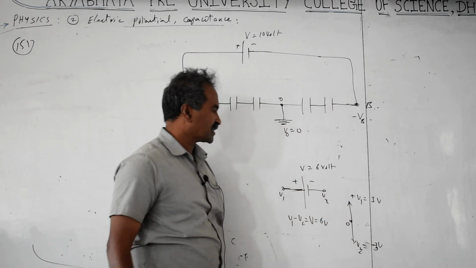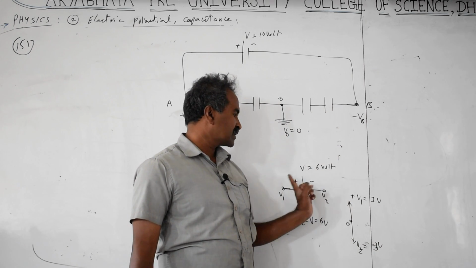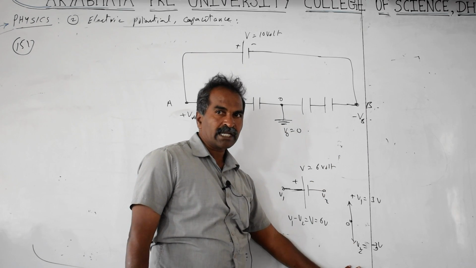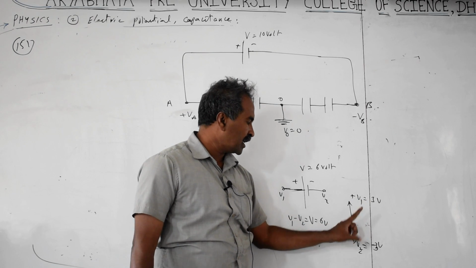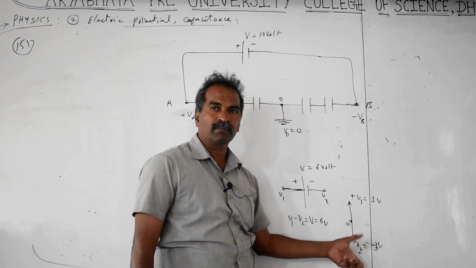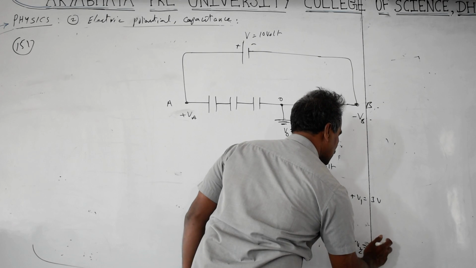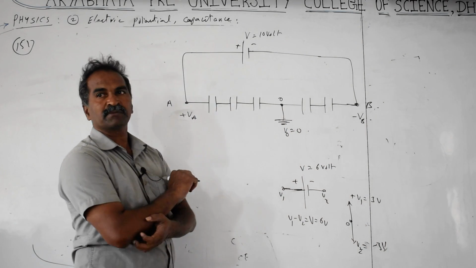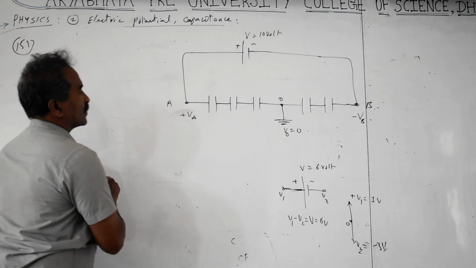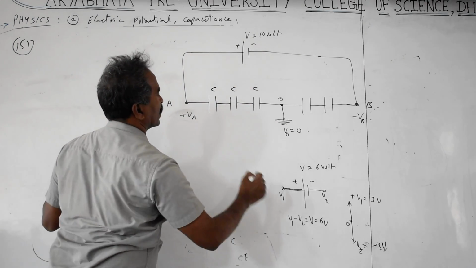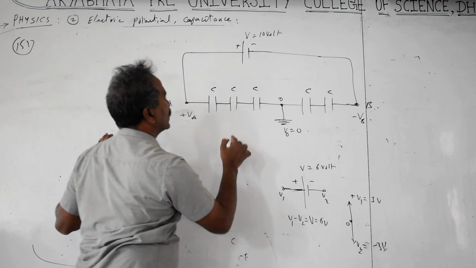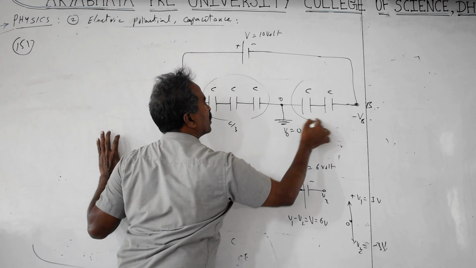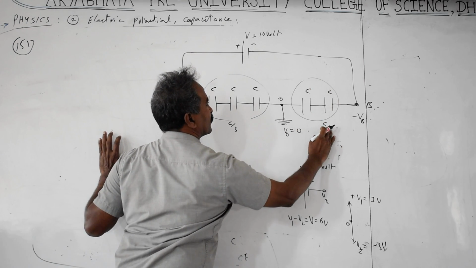So, this terminal is 3 volts higher than 0, this is 3 volts lower than 0. Potential difference becomes 3 minus of minus 3, equal to plus 3, becomes 6 volts. So, the negative terminal is below the earth, with respect to the neutral point you have to consider. Here we are given all capacitors equal, they are in series. So, this whole thing becomes C by 3 for three identicals, and this whole thing becomes C by 2.